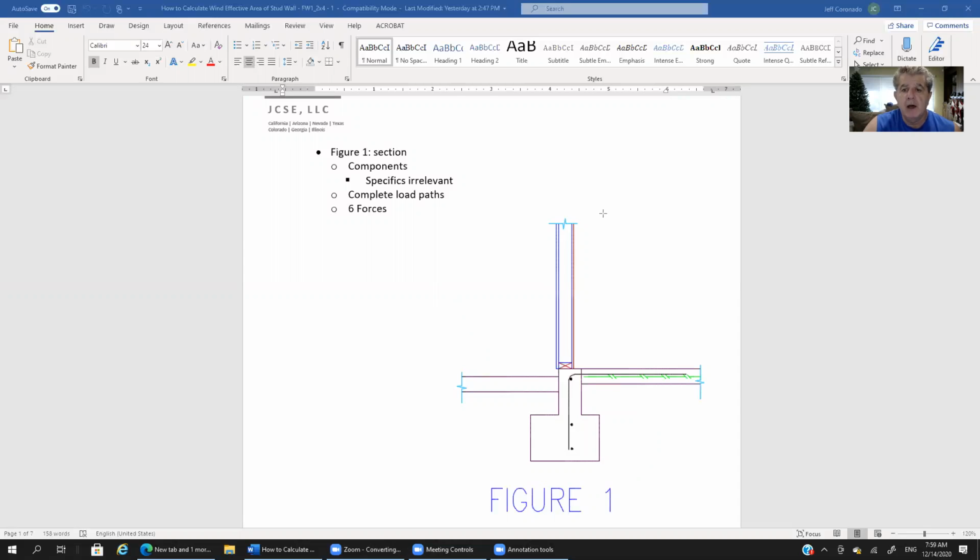We want to resolve all our forces to get them into the foundation. We want to provide enough meat in the structure to get the forces down to the foundation. For any element, any connection, any component, I'll always think of the 6 forces that could be present on that element. Doesn't mean they have to be, but they could be.